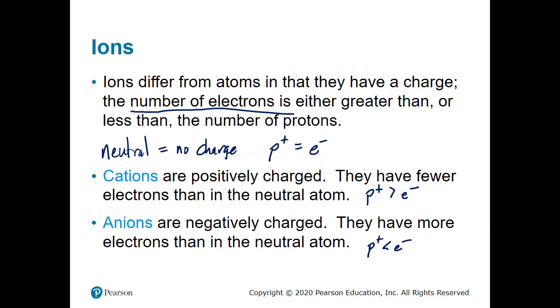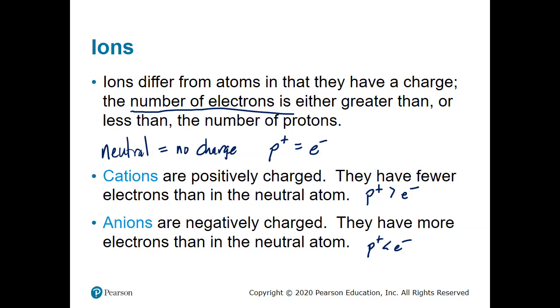And again, the proton count is going to be consistent for a given element. So if I'm looking at an element of gold, that gold element is going to have 79 protons, regardless of whether it's neutral, positive, or negative. What's going to change is that number of electrons.